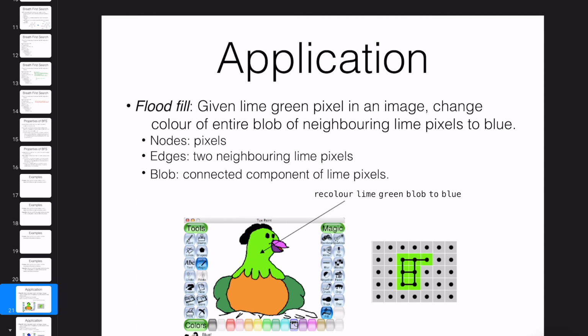So in this way, you can model this using a graph, and we try to find a connected component. Starting from the pixel where you clicked, just find all the other neighboring pixels which are connected and have the same color green. This is exactly the problem of finding a connected component.